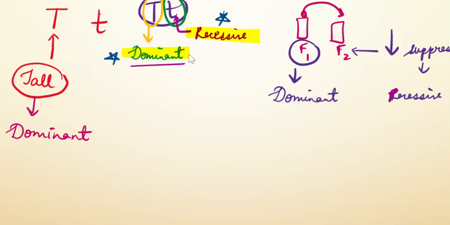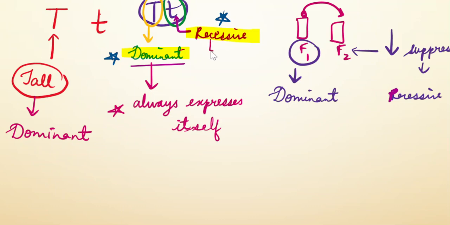Hope this is clear. Dominant allele is the allele which always expresses itself. I will write it here: always expresses itself. And recessive allele is the allele which is not expressing itself.